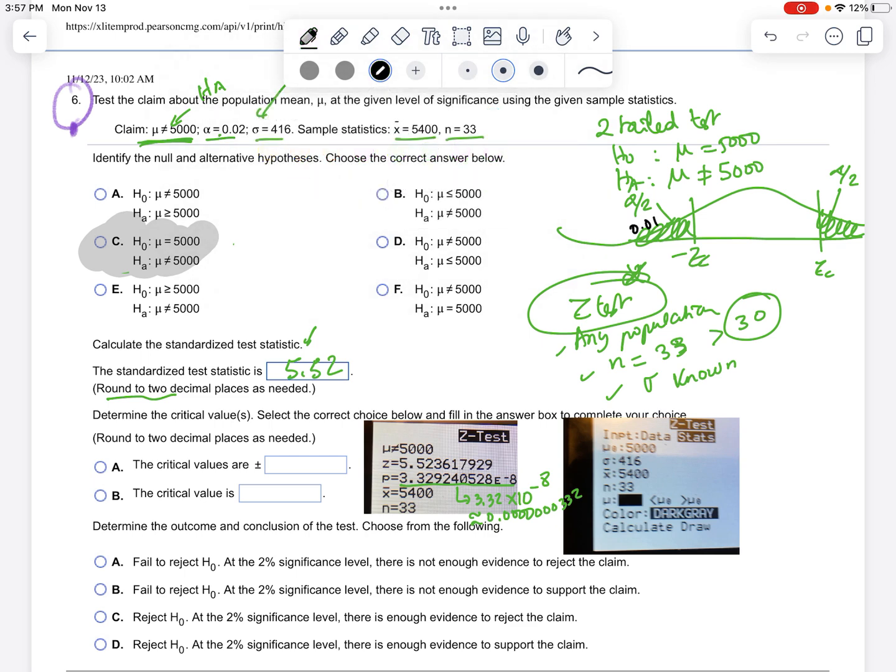So this is inverse norm of 0.01: second function, DISTR, 0.01. That gives negative 2.33 and positive 2.33. Round to 2 decimal places: plus or minus 2.33 is what you should have.